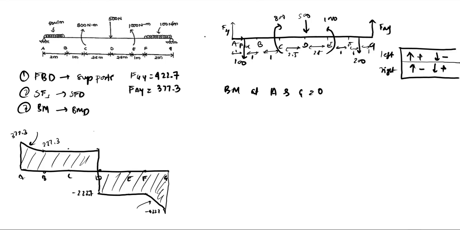So in our case there is no fixed support, so bending moment at the extreme point will become 0 because of the equilibrium condition. You can also calculate it, it will come out to be 0 because of the equilibrium condition. And we have bending moment at B now.